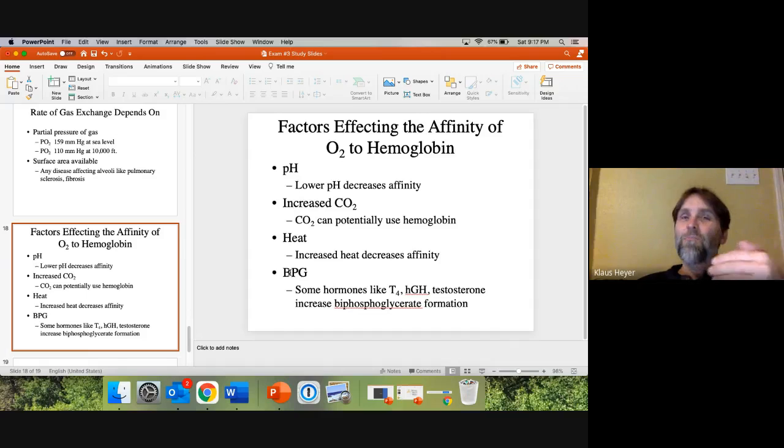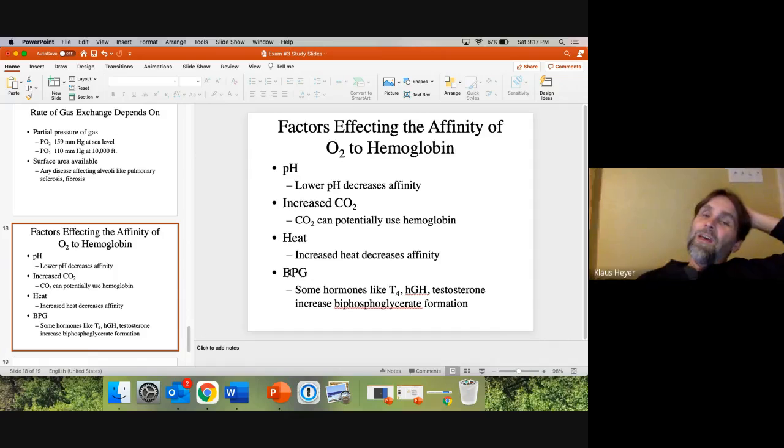All these hormones release something called BPG, and that's going to cause oxygen to get released from hemoglobin, with the purpose of going to your tissues to make repairs or to grow. So these are the four factors affecting how much oxygen likes hemoglobin. In other words, the affinity of oxygen to hemoglobin.